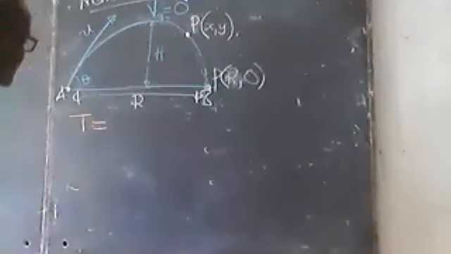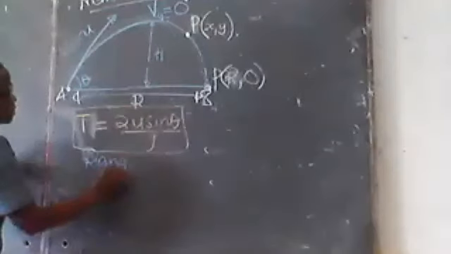Now let us consider the horizontal displacement, the range. Horizontally, still from s equals ut plus a half at squared.